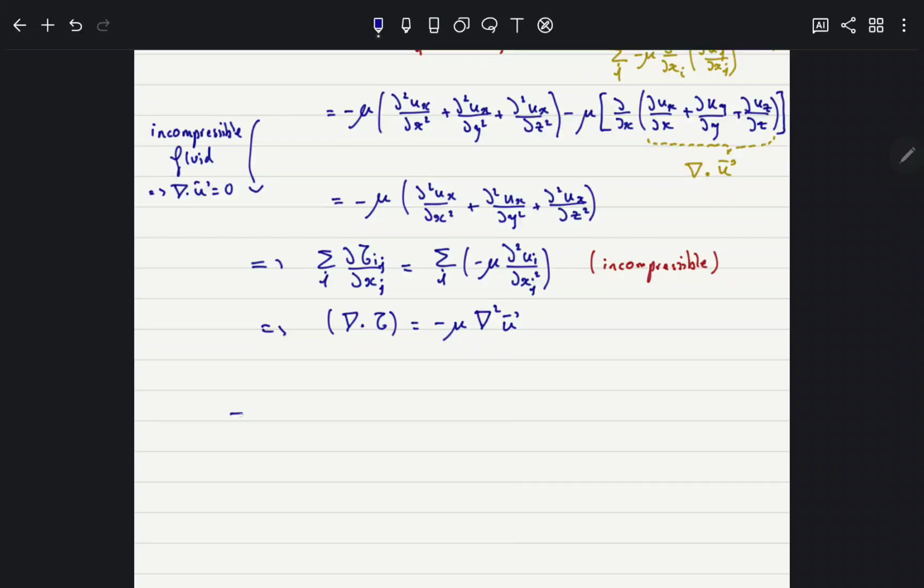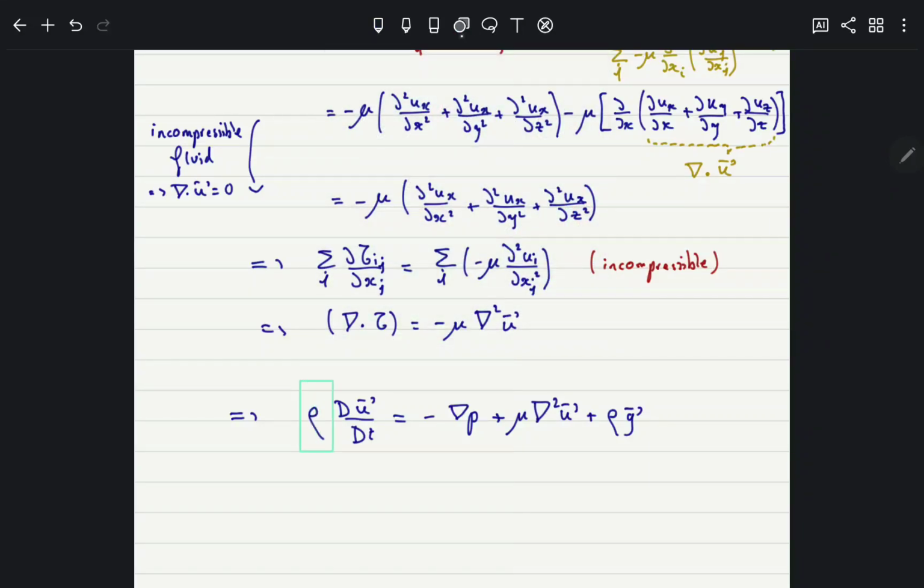So finally, we can input that result in our equation, and we get rho times the substantial derivative of the velocity equals negative Nabla operator applied to p plus mu Laplacian of the velocity and plus rho g.